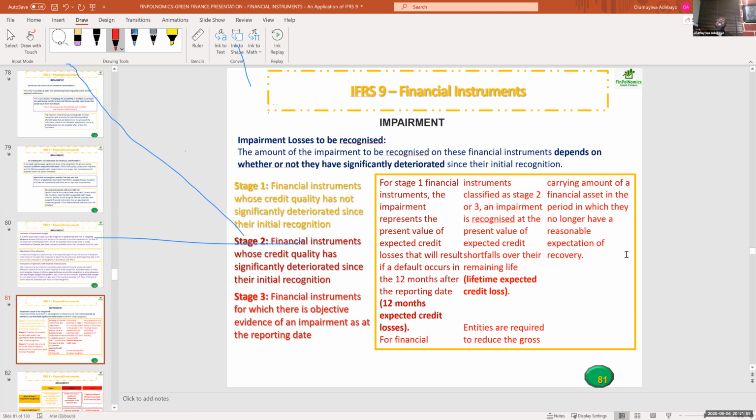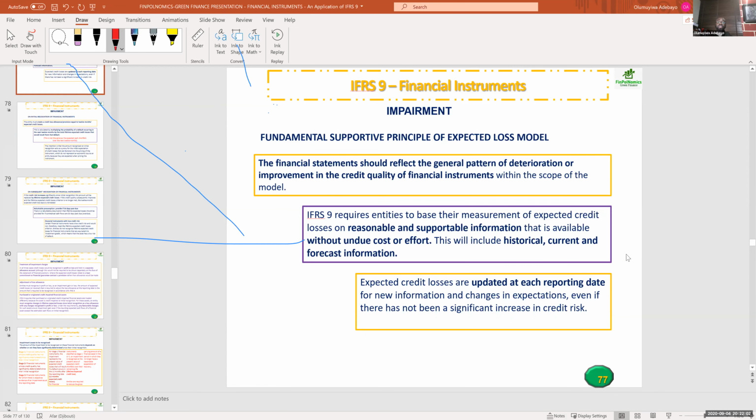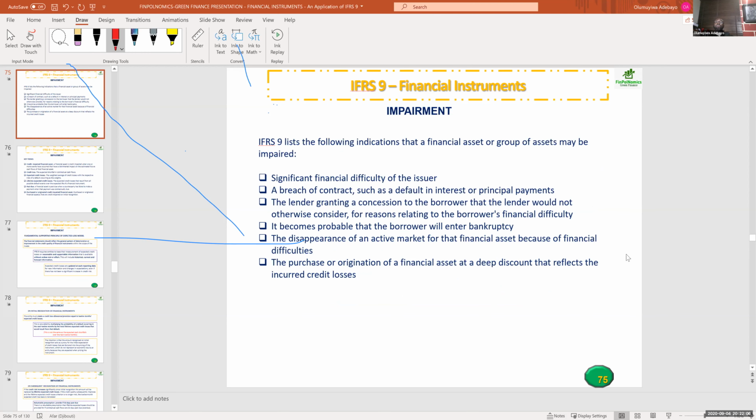Now, when can we say there's a loss event? A loss event could occur under the following conditions. Once the other party to the financial asset, the person we gave the money to, starts to experience significant financial difficulties.